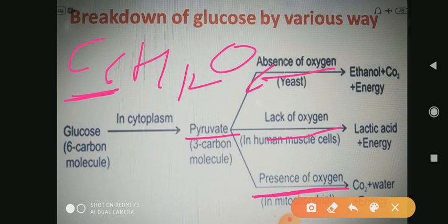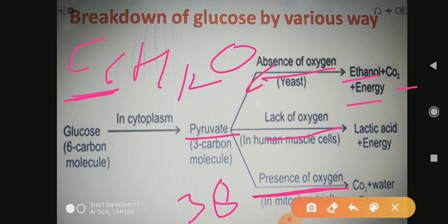Then alcohol, CO2 and energy are formed. Alcohol, ethanol, C2H5OH, is formed, carbon dioxide is formed, and energy is released. The energy released in the presence of oxygen is 38 ATP. But in this condition less energy is produced, and in the middle one also less energy is produced.